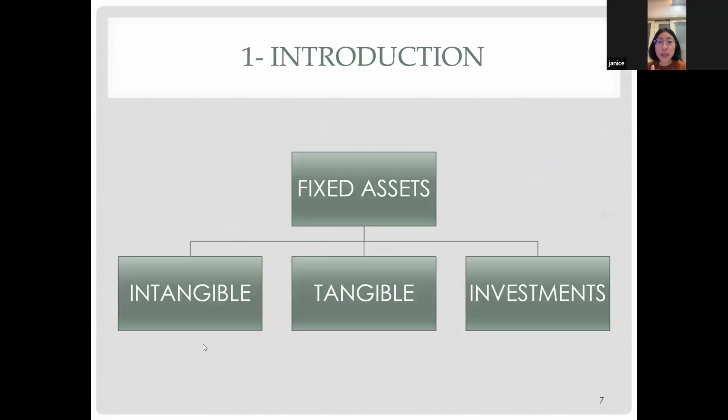So what we're going to be focusing on today are the tangible non-current assets. When we talk about fixed assets, there are actually different types. There are the intangible, tangible, and investments. Can you give me any example of intangible fixed assets?